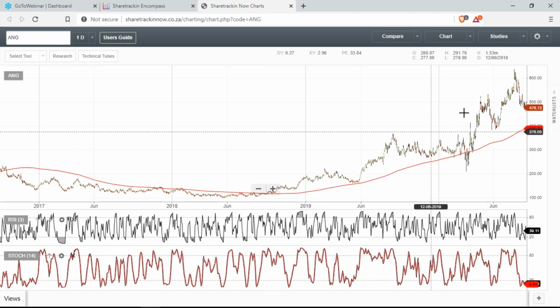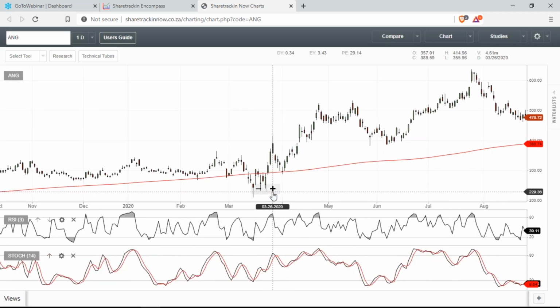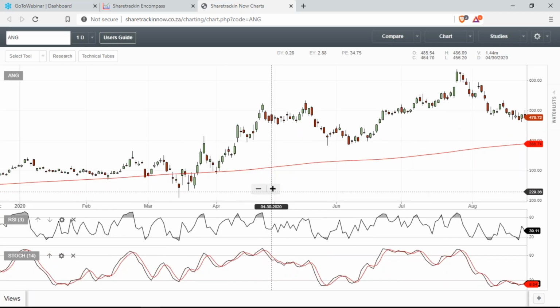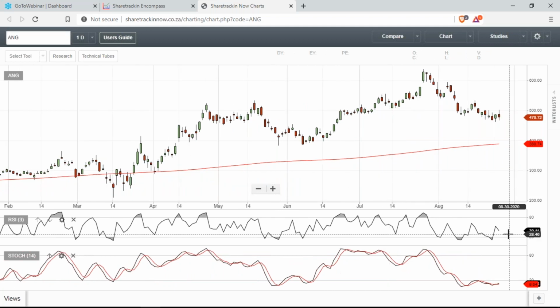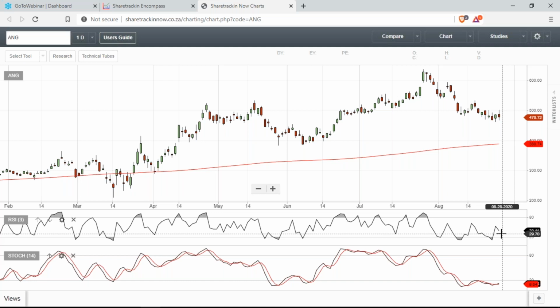This share has been growing. If I zoom in again and go back to today's data, I wouldn't buy in just yet because the share is negative and my stochastic just crossed, but my RSI is telling me the share is going to drop again. So now I would rather wait for the RSI to also go up before I buy the share.